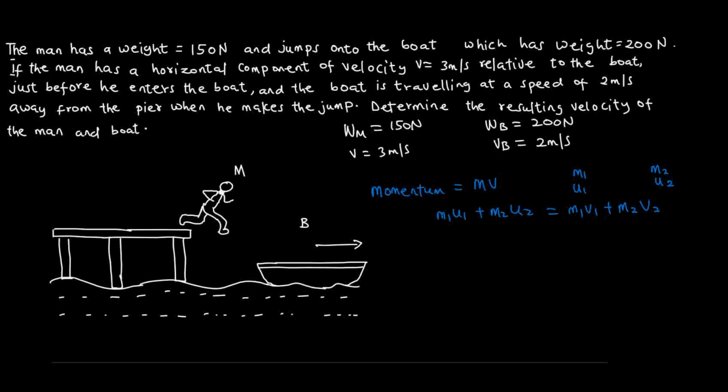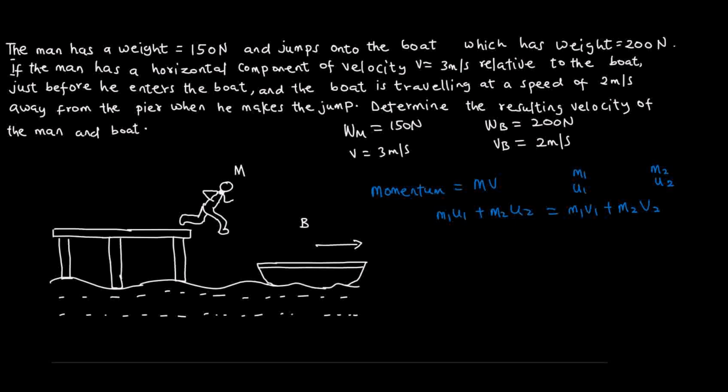What happens here is that if the collision is elastic, what that means is that after the two objects collide, they will separate. If the collision is elastic, the objects are going to separate after collision.